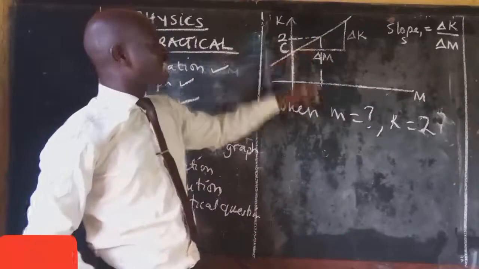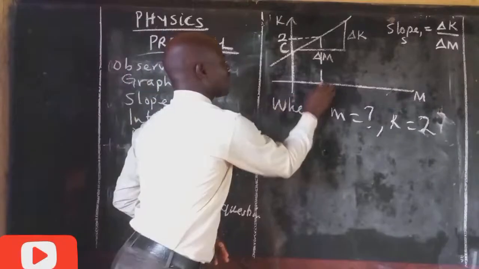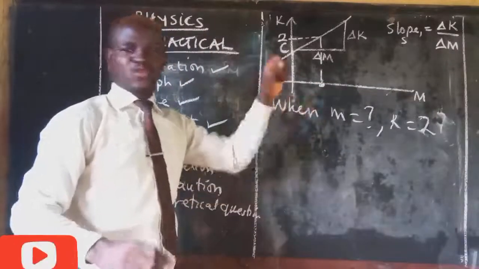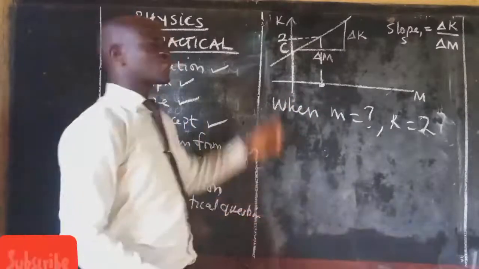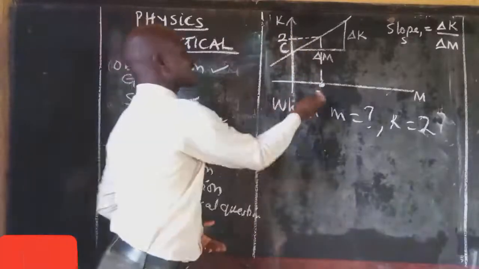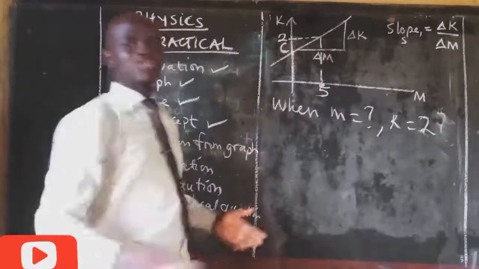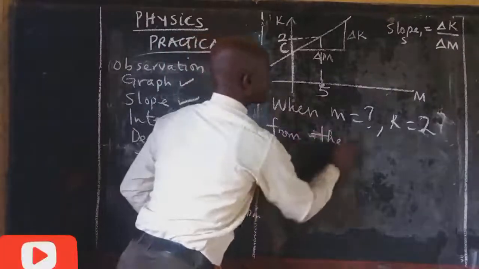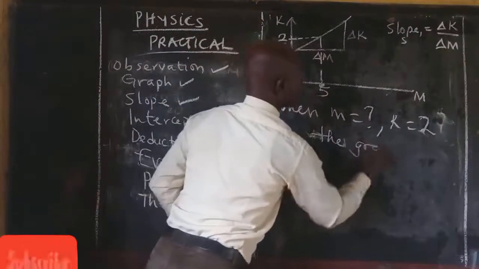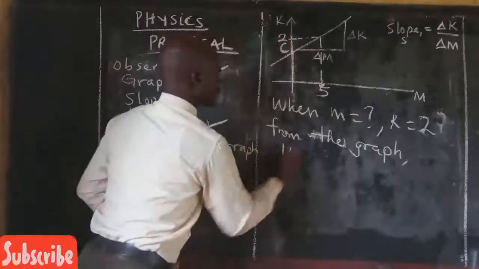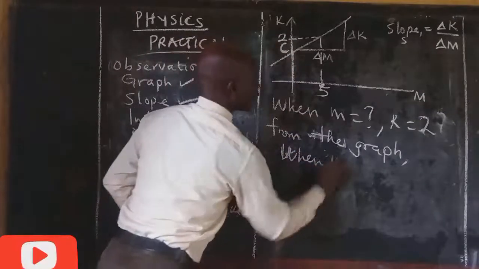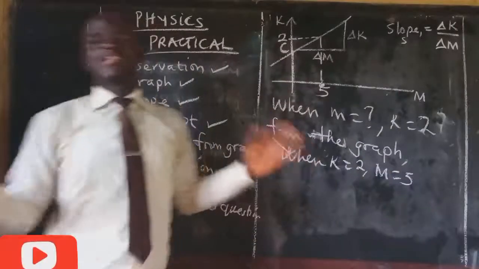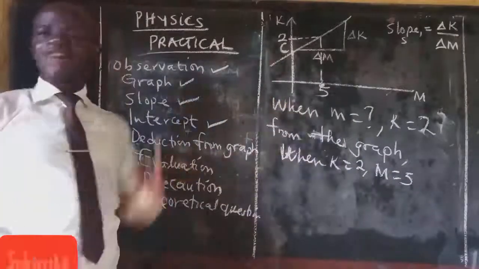By the time you trace it downward to the M axis, whatever you read here is the value of M when K is 2. So let us assume that when I trace it downward, my answer is just 5. So I will just say, from the graph, when K equals 2, M equals 5. That's just it. So let's go to evaluation.